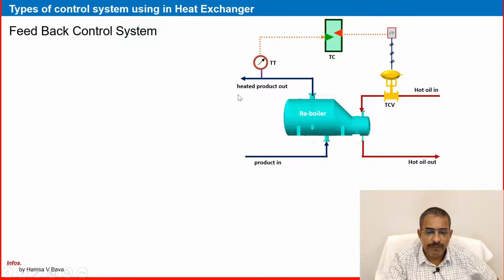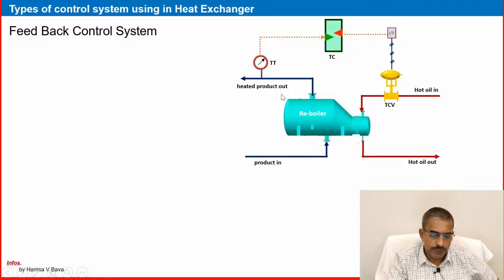It's called feedback control. See, the sensor is here and the transmitter is there, the controller, the I2P, and the control valve, the simple one. Cold fluid is entering from here, getting heated and going out, and hot oil is coming from the top side through the valve, and hot oil is going out here.